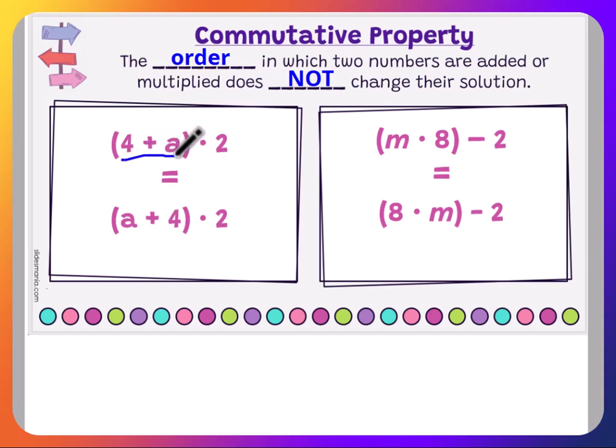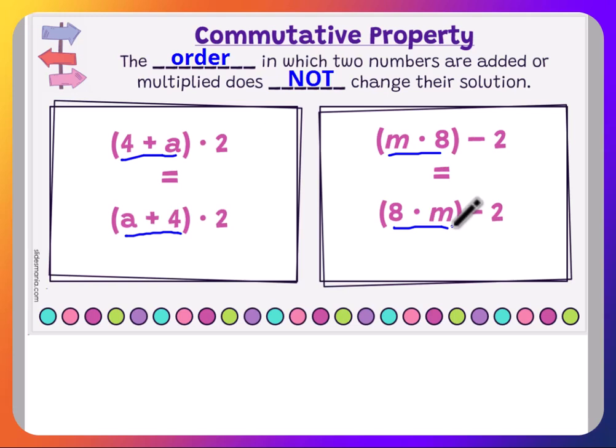The first expression has 4 plus a, and they change the order in the second expression to a plus 4. You can do that. That's okay. Here, the first expression has m times 8, and then they change the order to 8 times m. You can do that. That's okay. You can change the order of two numbers you're adding or two numbers you're multiplying, and you're still going to get the same answer.